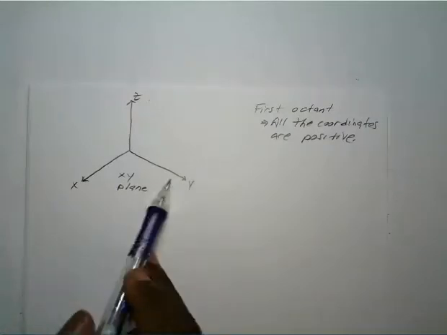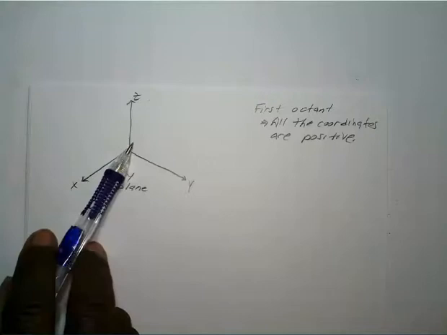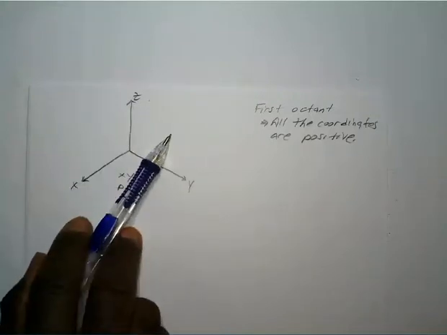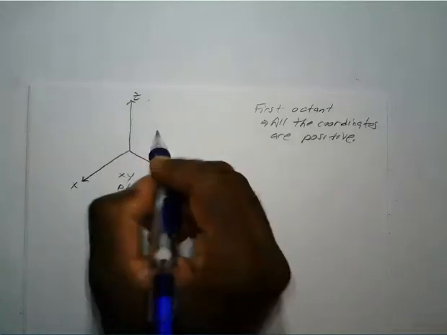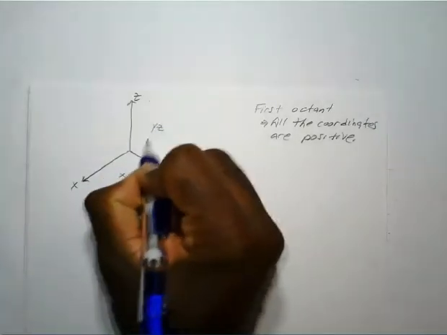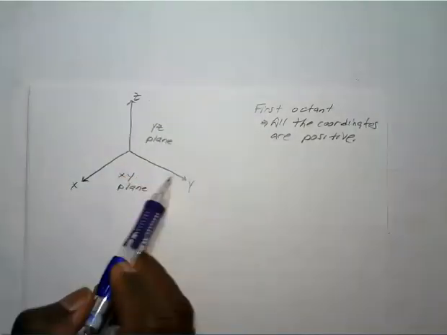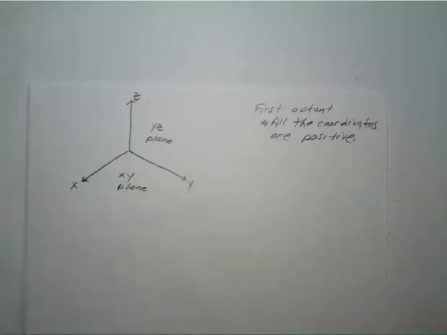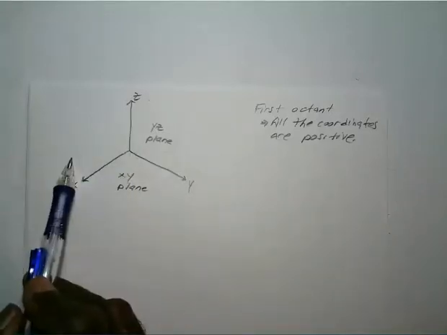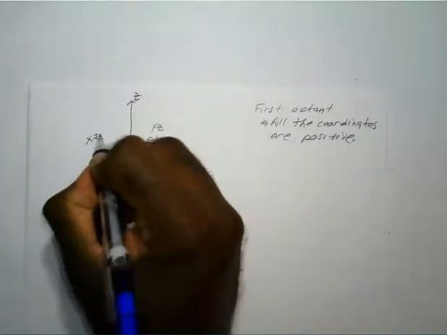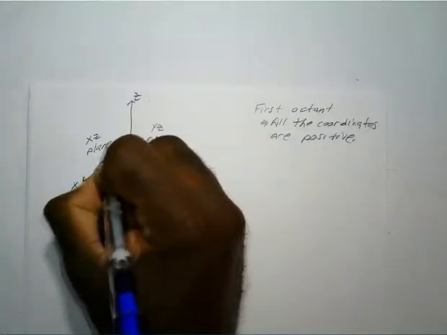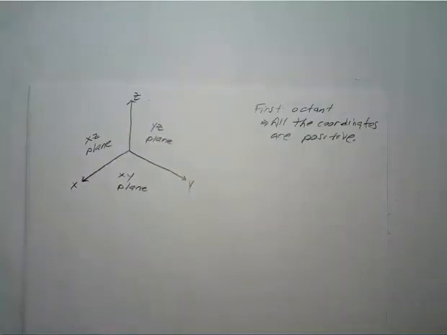Again, if you're looking in the corner, now if you look at the right wall, going up the wall, that's your YZ plane, because of course that's the Y and the Z. Now if you look at the left wall of your corner, that's your XZ plane.